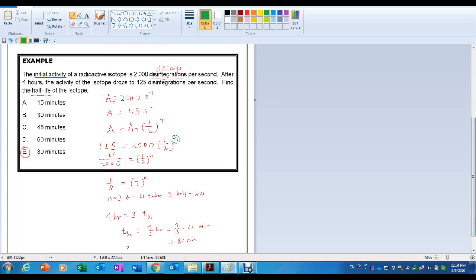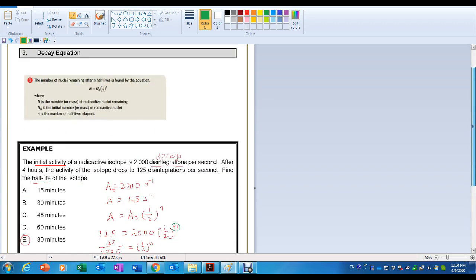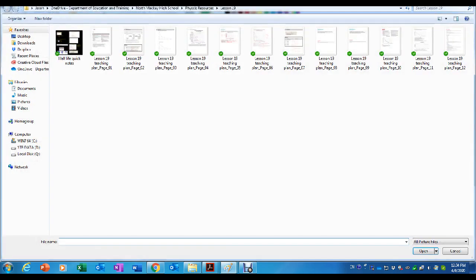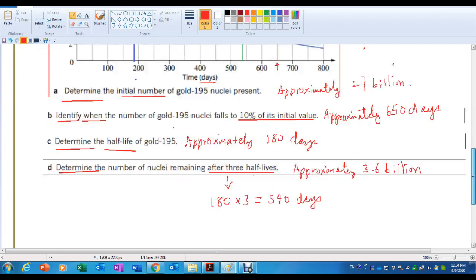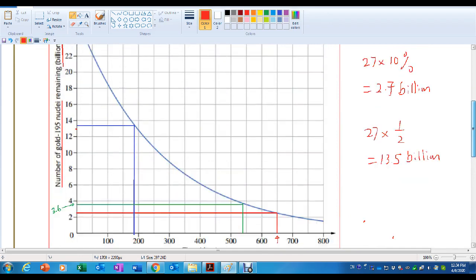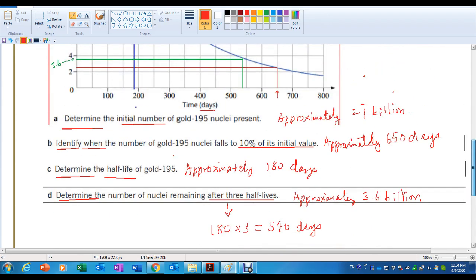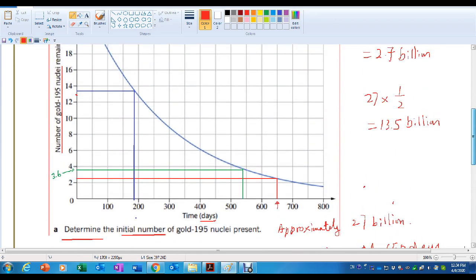Right. Okay, so like what I have said, sometimes it would be better to use this mathematical formula if you need some more accurate answers. Okay, let's see when we go back to our previous example. For this example, we suffer some issues with the scale of the graph.